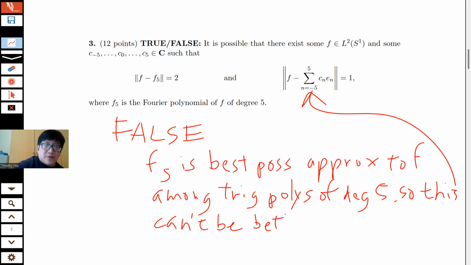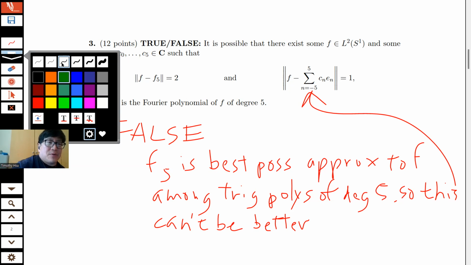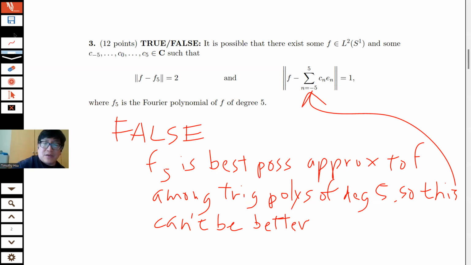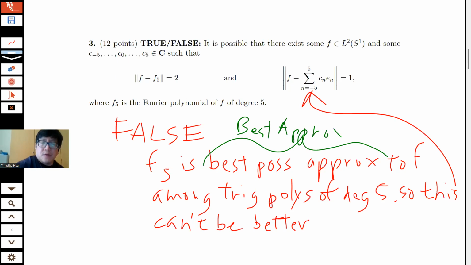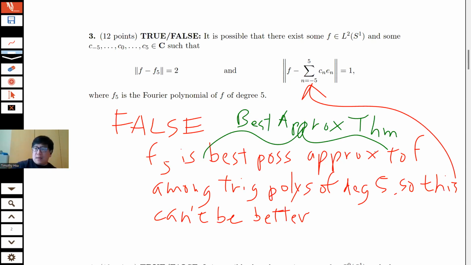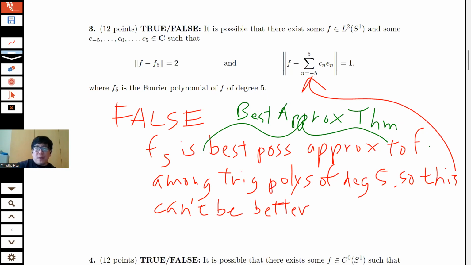And you don't have to cite this by name. You just need to know the fact that F5 is the best possible approximation among trig polynomials of degree 5. But just for reference, this is the best approximation theorem, from 7.4.